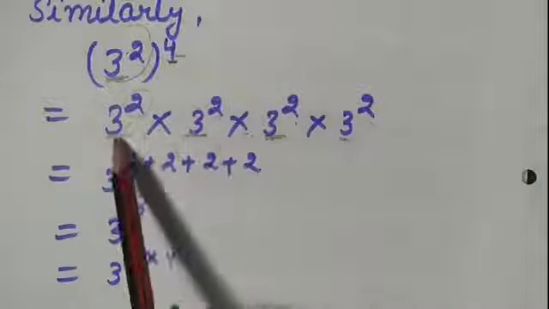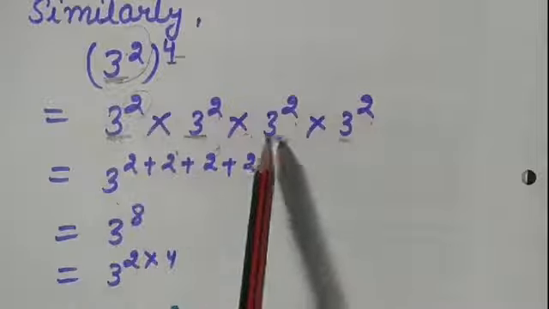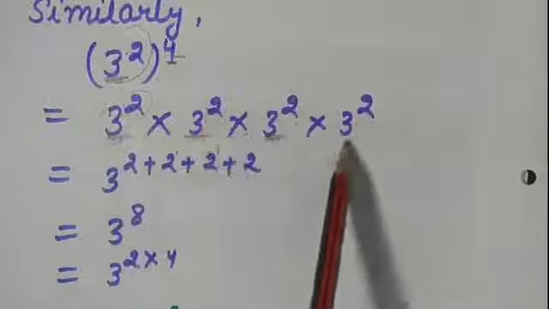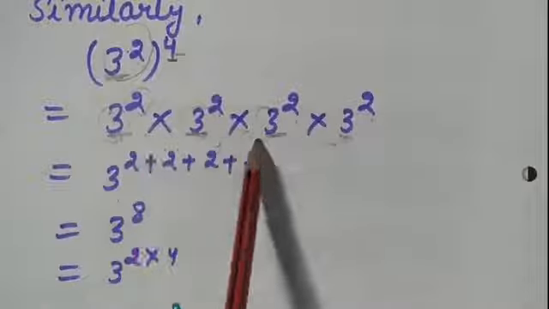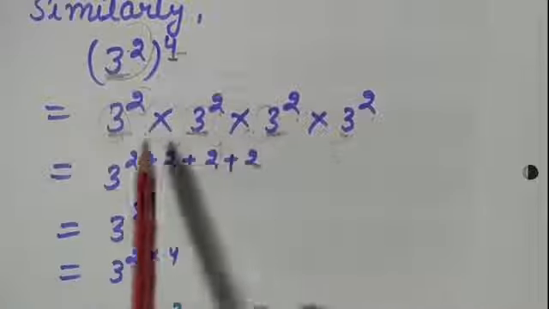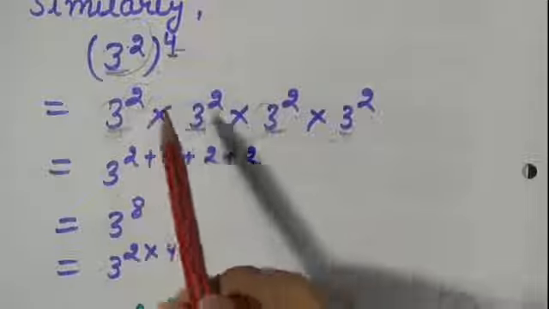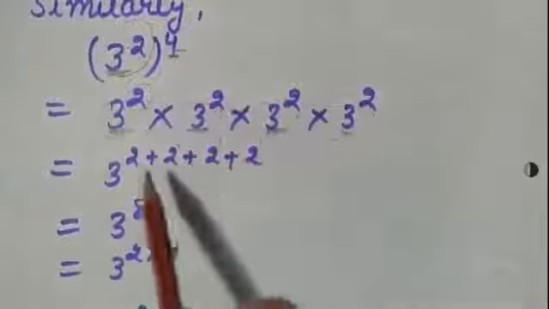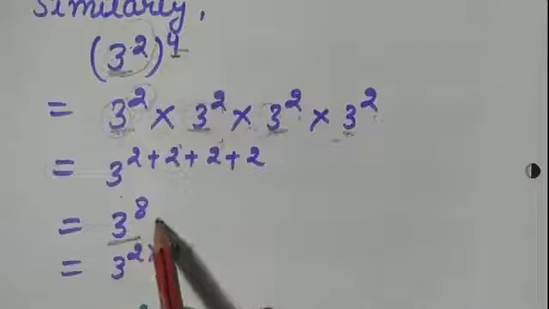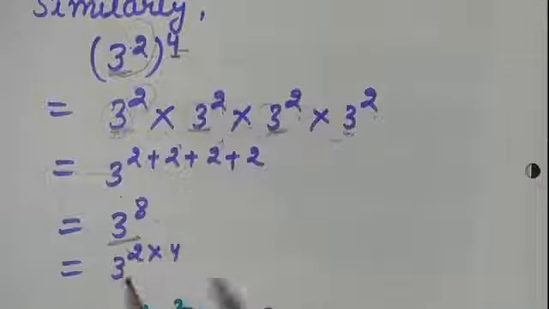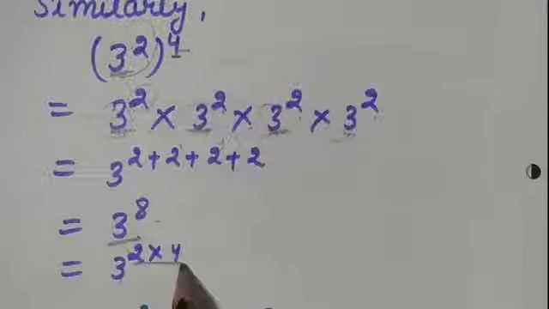Here again I am observing we are multiplying numbers having the same base, that is 3, and in between them we have the multiplication, so the powers get added. So all the powers get added now: 2 plus 2 plus 2 plus 2 is equal to 3 to the power 8. And 3 to the power 8 can be written as 3 raised to the power 2 into 4.